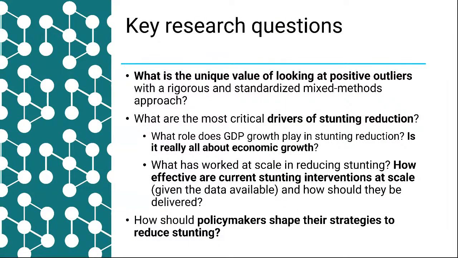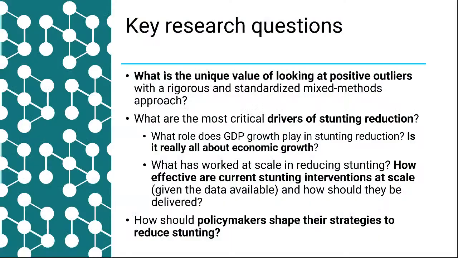So maybe before we dig in, starting with a few opening remarks and providing a bit of context for why we're looking at this particular type of analysis and what it meant in terms of the broader portfolio of research within the Exemplars initiative. So let's start with the premise of the work itself, which was really about trying to understand the value of looking at positive outliers.